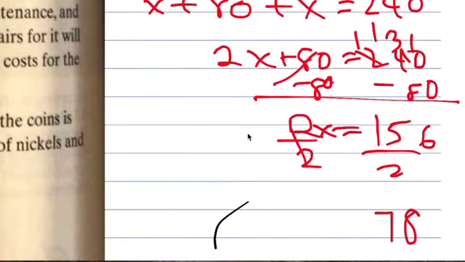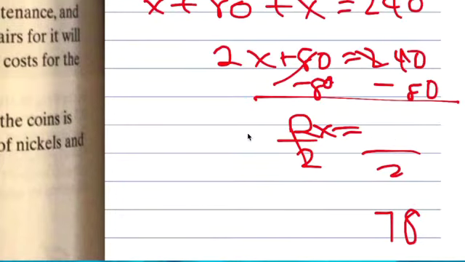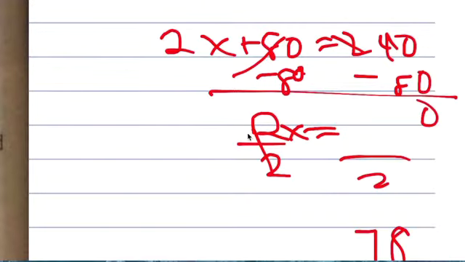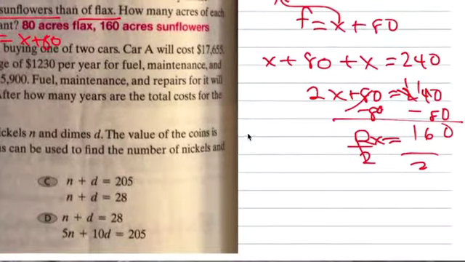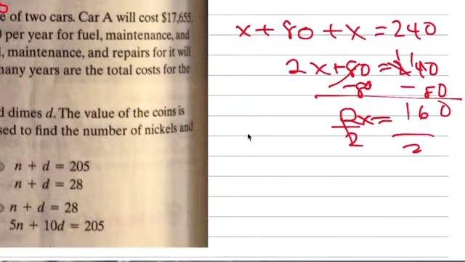That's why. Sorry, kids. I'm not letting it go. There's 80 sunflowers. 80, no, not sunflower, it's flax.